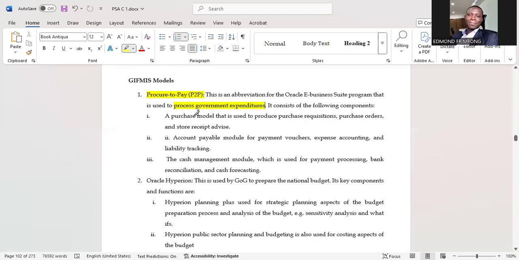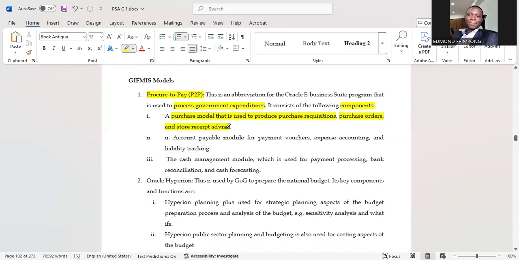So any payment government wants to do, they use the procure to pay model, and it has components. What are the components under the procure to pay? It has a purchase model that is used to produce purchase requisition, purchase orders, and store receipt advice.